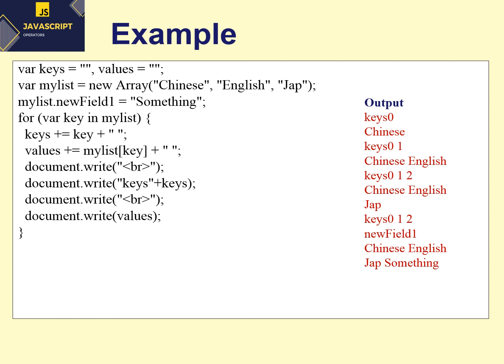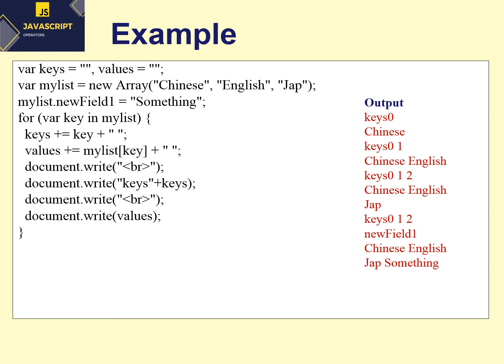Already 0 is in keys, and 0 space is already there. In addition to the space, the next key will be appended. So 0 space 1 will be the current value in keys.